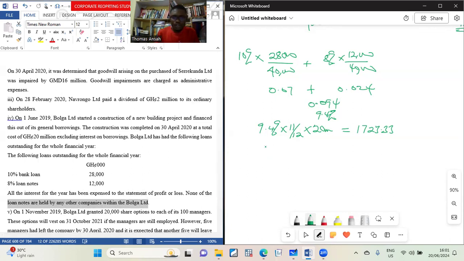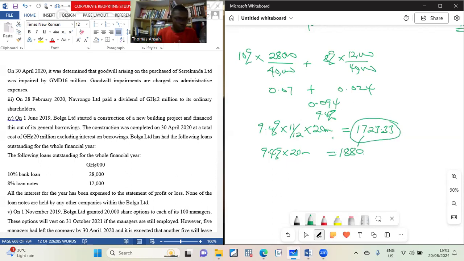So it tells you that what they did was to use 9.4 by 20 million. That is basically what they did. So 0.094 by 20. And that is actually 18880.